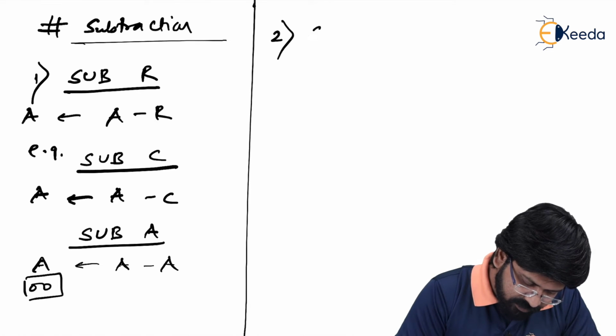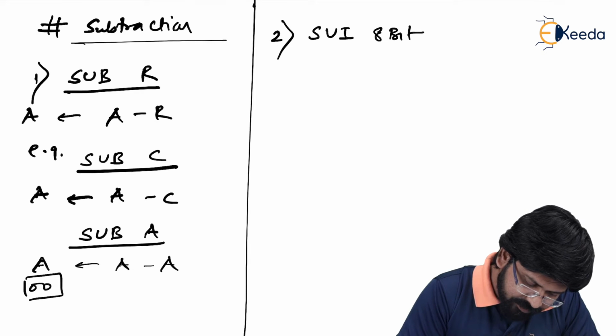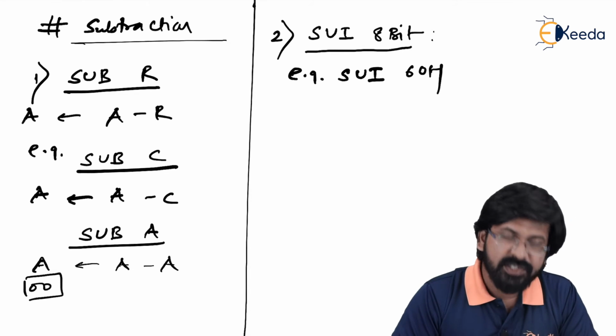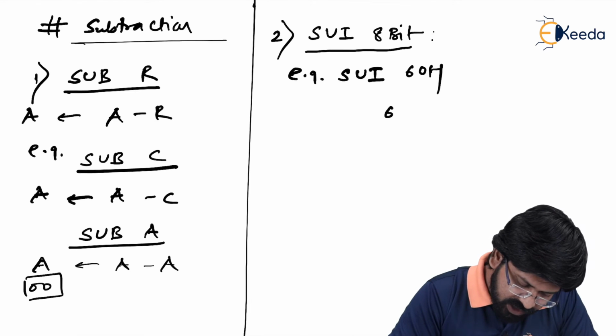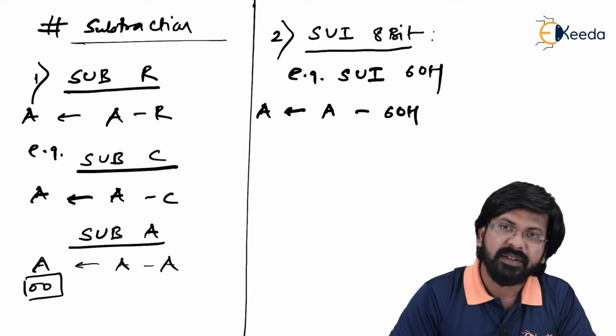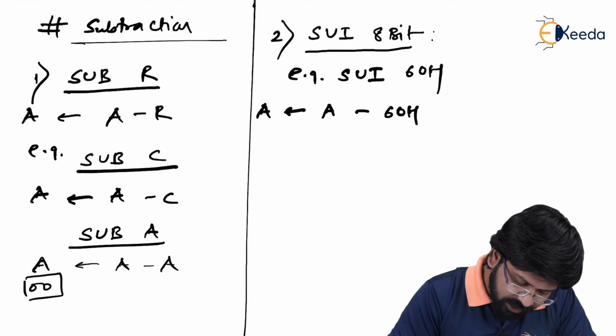The second instruction I am starting with is SUI 8-bit. For example, I can write SUI 60 hex. So what happens in this instruction is 60 hex gets subtracted from the accumulator, and the answer goes to the accumulator. Is that right? So you can have any 8-bit data here.